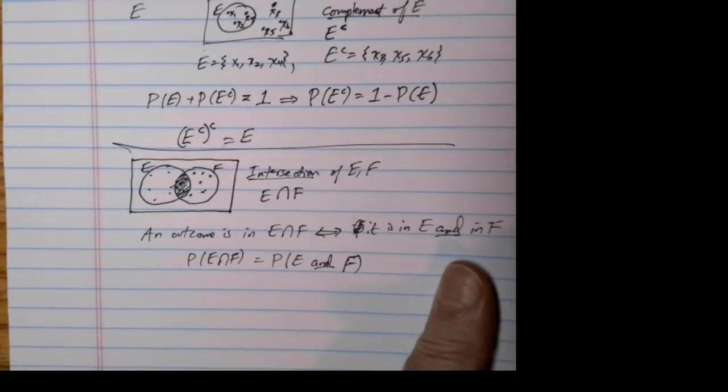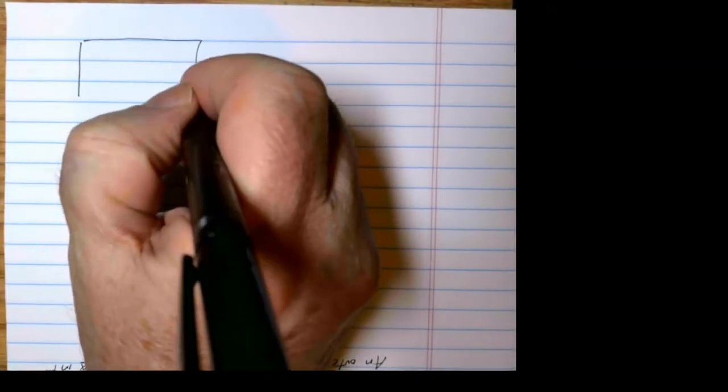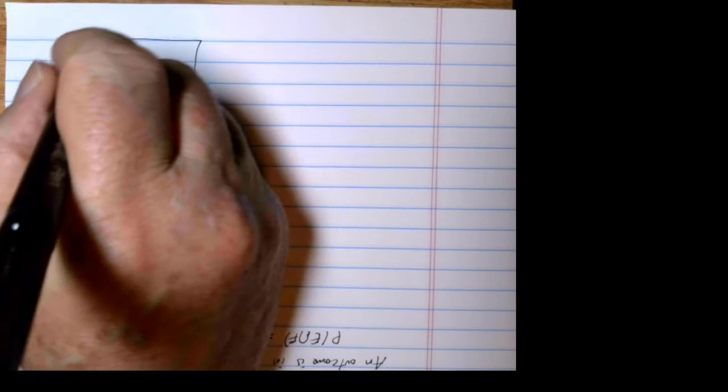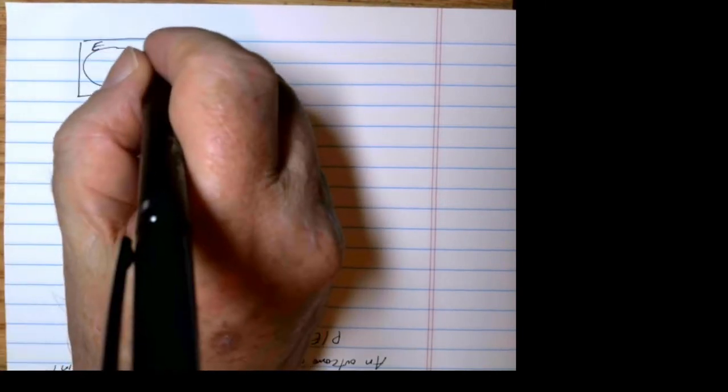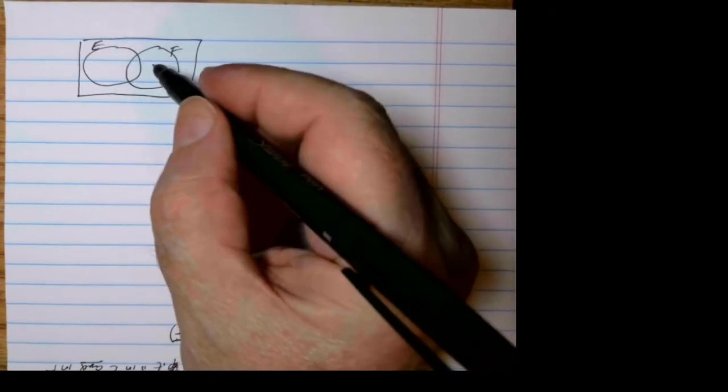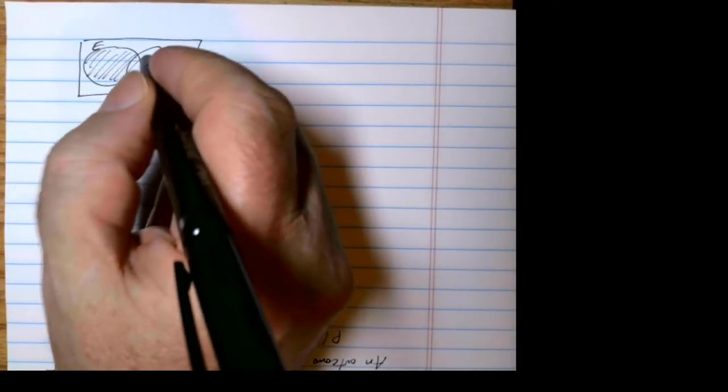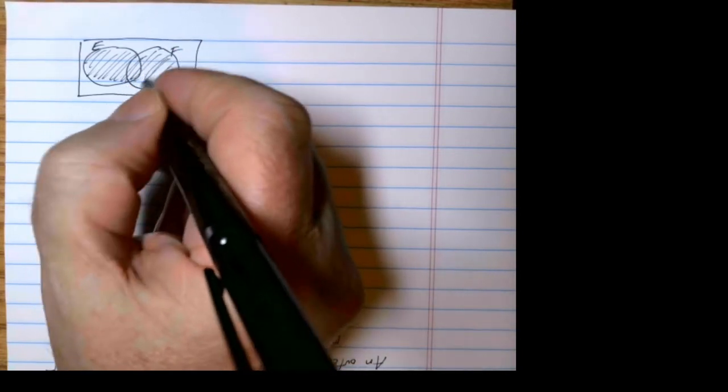Okay, next little topic, let's do this, is the union of two events. And once again, the picture is useful. And here's the event E, here's the event F. The union of E and F is the set of all outcomes that are in E or in F or in both.